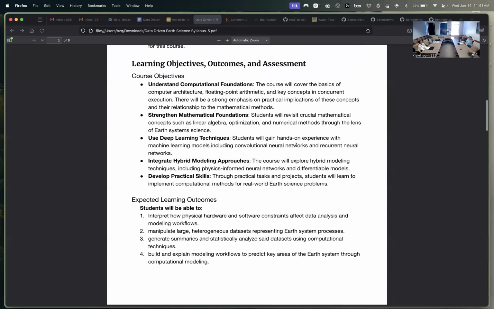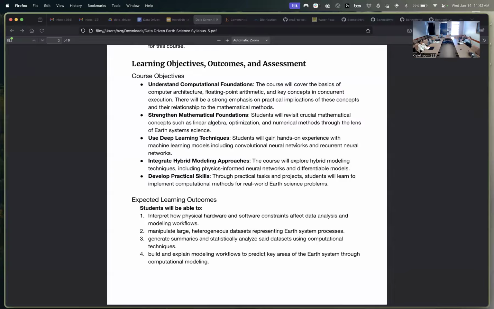So these are the core fundamental course objectives. First, understand the computational foundations, so that when you're choosing how to approach a new problem, you'll be able to do that effectively. We'll talk about some mathematical foundations that I think are really helpful for thinking about data analysis, machine learning, modeling, just in case you haven't seen one or the other.